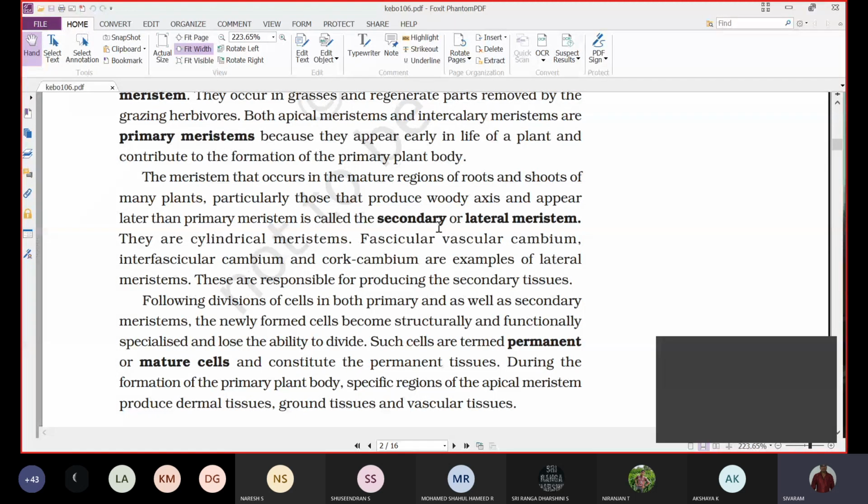The meristem which is responsible for the development of these secondary tissues or secondary growth, we call the secondary meristem or lateral meristem.